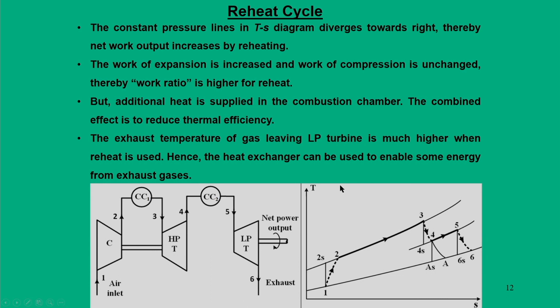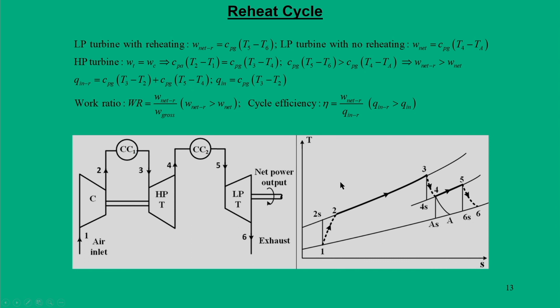Now, let us see how reheat improves the work ratio and what happens to cycle efficiency. This phenomenon is something of a reverse phenomenon. So, let us think about a low pressure turbine with reheating. When you have a low pressure turbine, the net work becomes, because here the power output has two parts.